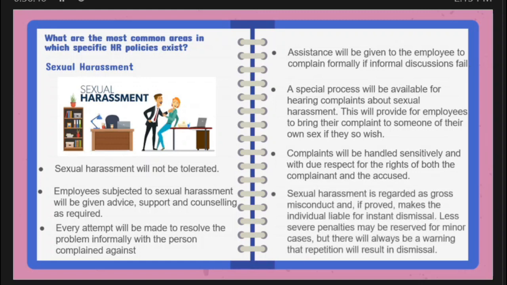Sexual harassment is regarded as gross misconduct and proof makes the individual liable for instant dismissal. Less severe penalties may be served for minor cases, but there will always be a warning that repetition will result in dismissal.